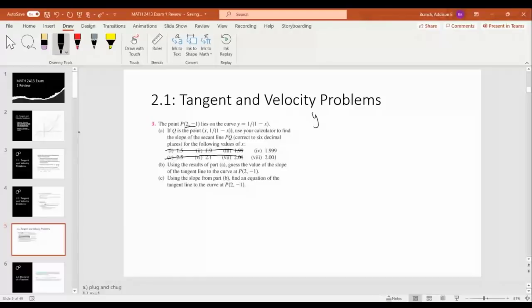So we'll say y is equal to 1 over 1 minus 1.999. If we go ahead and calculate that real quick, give me a second to plug that into a calculator.